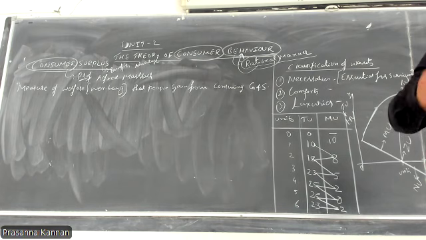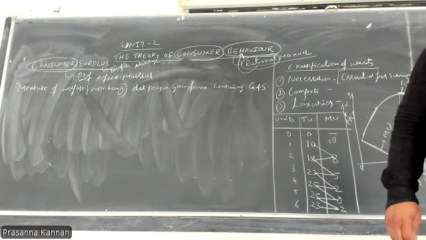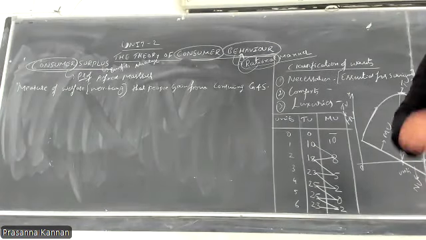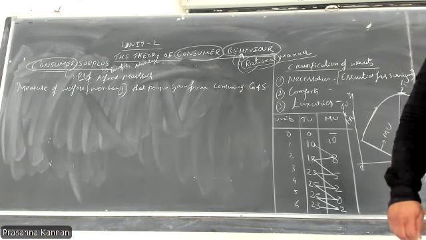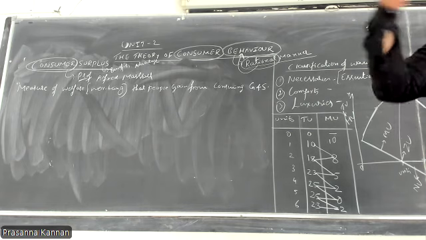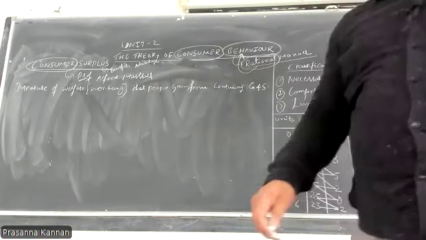Why? When the quality of the product is good enough, we are ready to pay more. But here, surplus in the sense what? Whatever the amount of price there is in the market and what price I am willing to pay is the difference between these two.